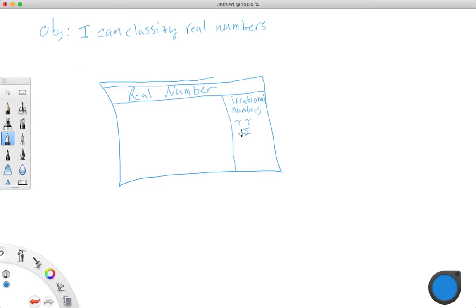Anything that's not a perfect square, like the square root of 2, square root of 3, square root of 15, is irrational. Any of these could be negative as well, like the negative square root of 15.